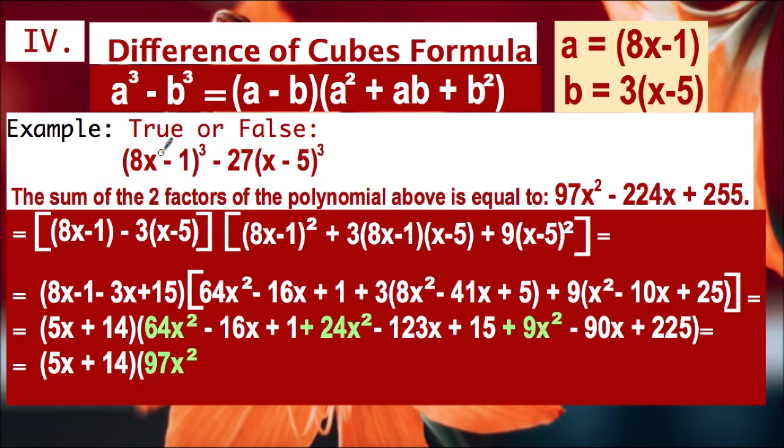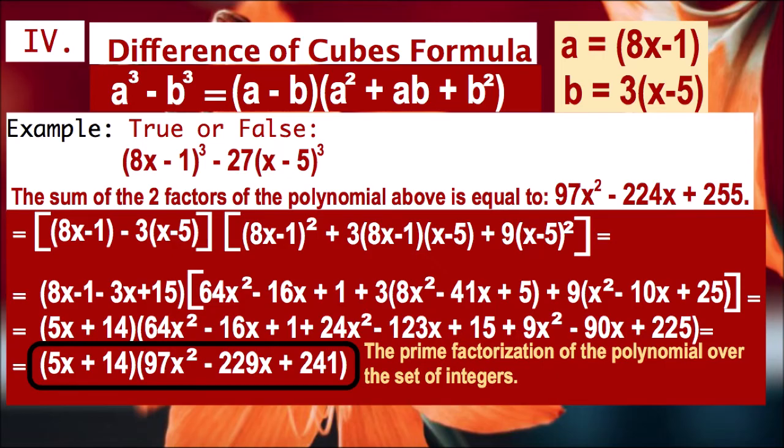So everything with the x squared. 64x squared plus 24x squared plus 9x squared is 97x squared. Then we have negative 16x, negative 123x, negative 90x, negative 229x. Then we have 1, 15, and 225, plus 241.